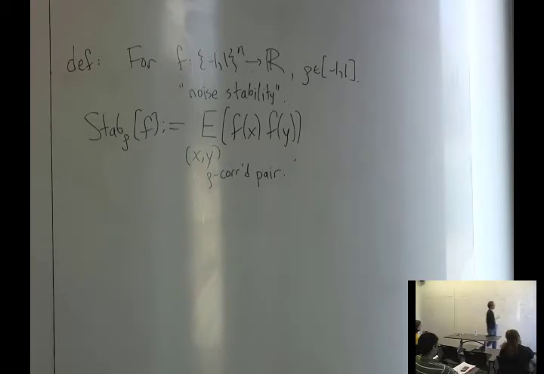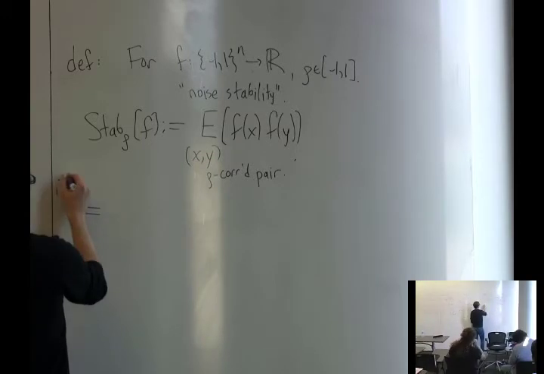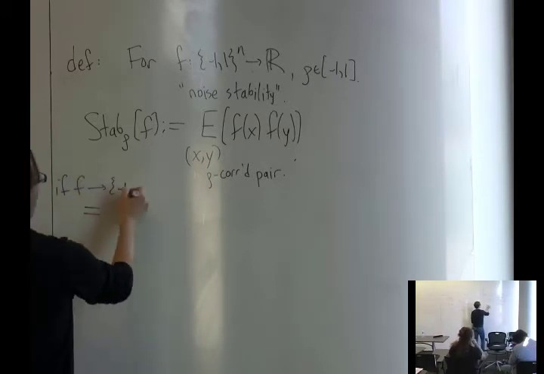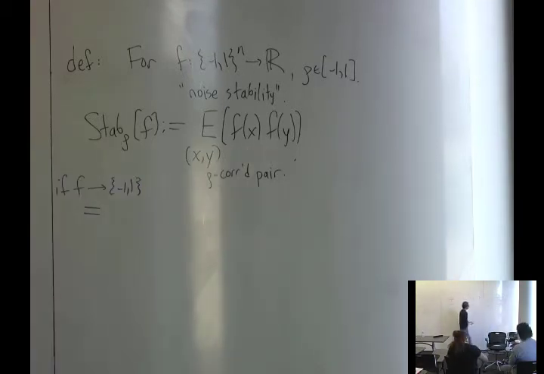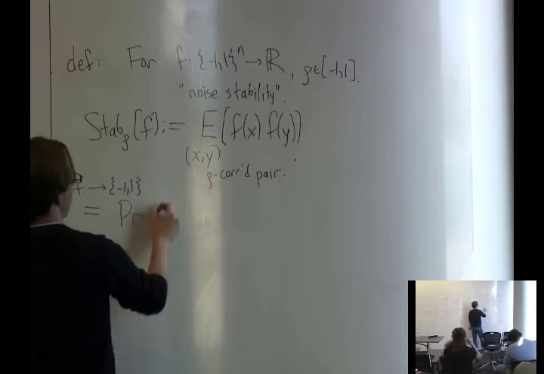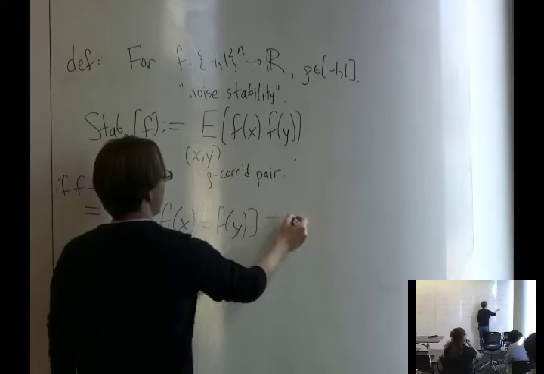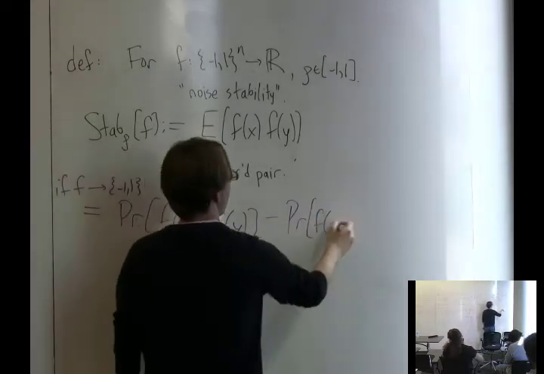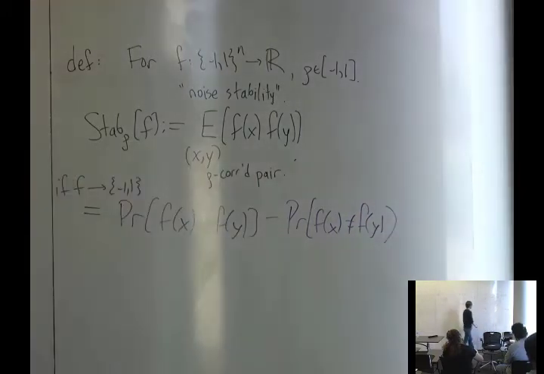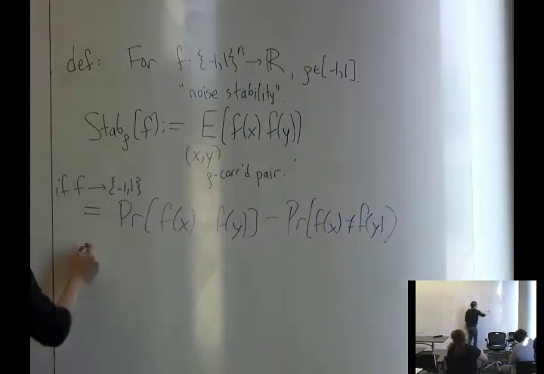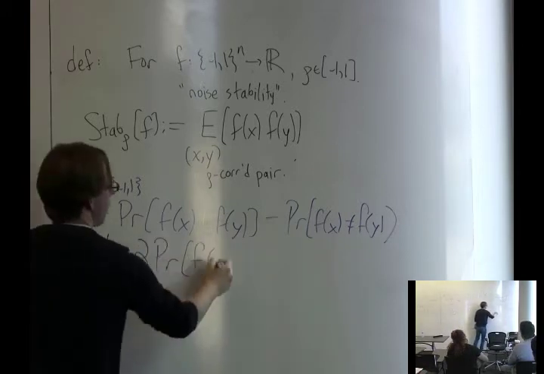And just to say what I was saying earlier, if f's range is minus 1, 1, then this is 1 when they're equal, minus 1 when they're unequal. So it's the probability that f(x) equals f(y) minus the probability that they differ. This is 1 minus the probability they differ, so it's 1 minus twice the probability that they differ.